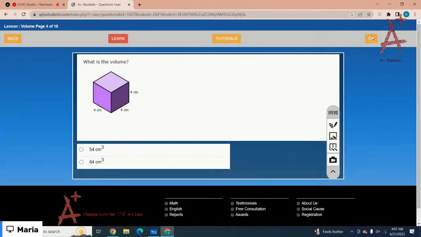Okay, again you are given the volume. You have to calculate the volume of the cube. So how do we calculate? You have to do side times side times side. So which is the correct option?